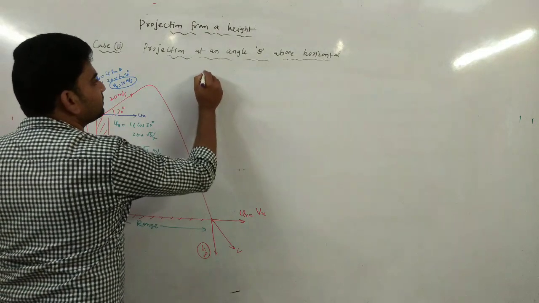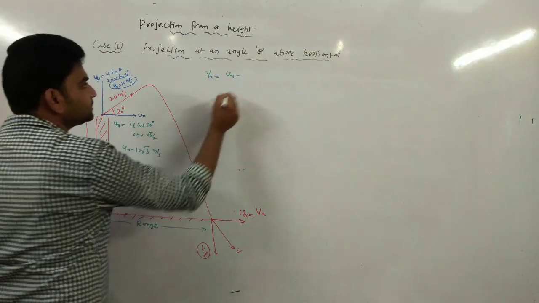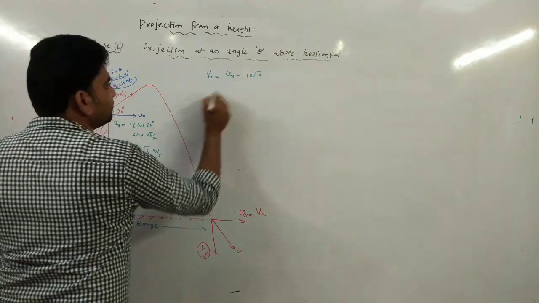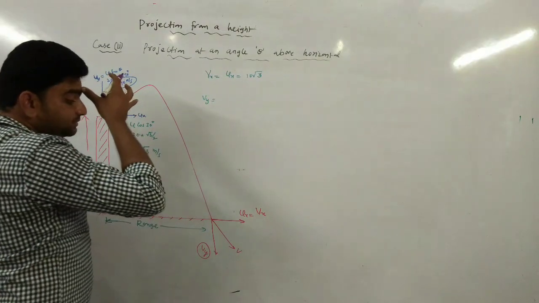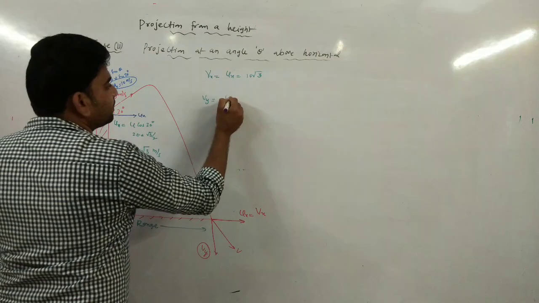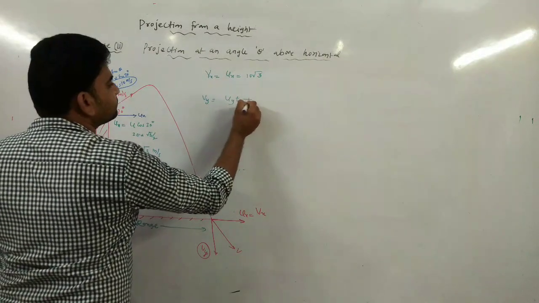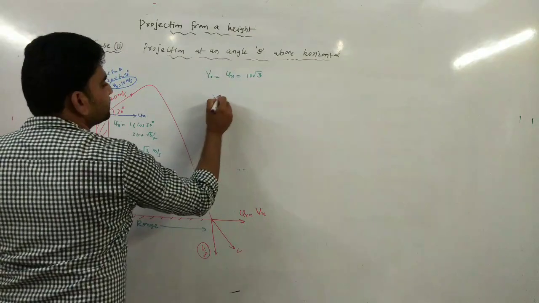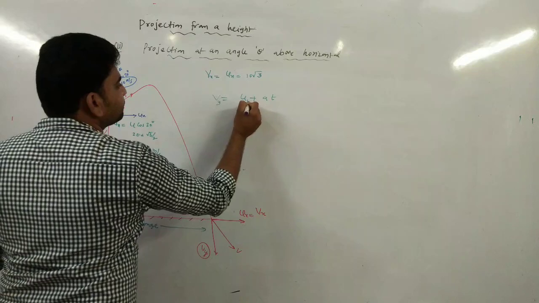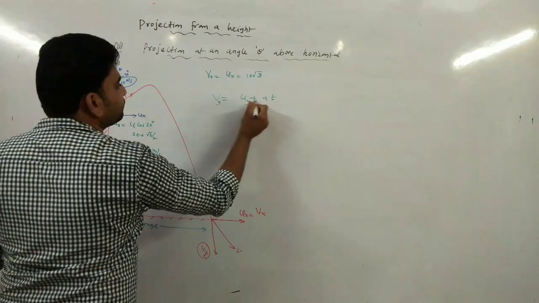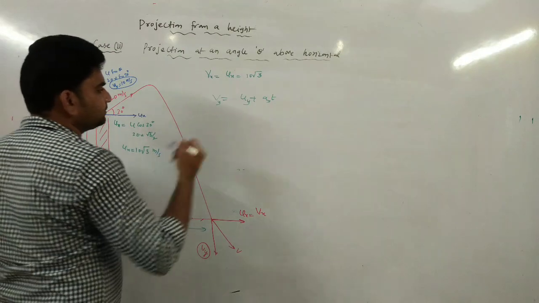Vx is nothing but my ux, because it is constant everywhere, that is 10 root 3. Vy becomes, I am using v equals u plus at. So vy becomes what here?